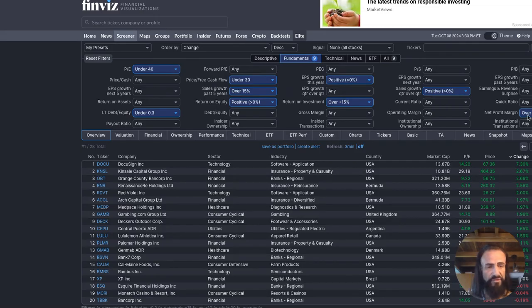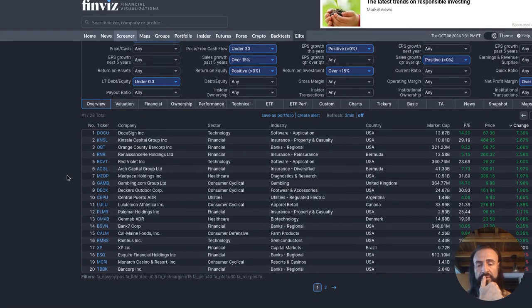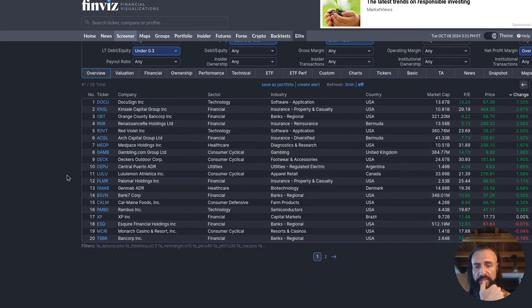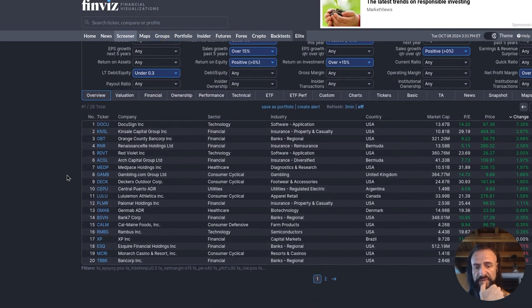The other thing which is very important is the net profit. For me, if a company is not clearing at least 15% of the revenue, it's not even worth it to go there. So I'm going to set that at 15%. So once you set all those values, you're going to come up with a few companies.